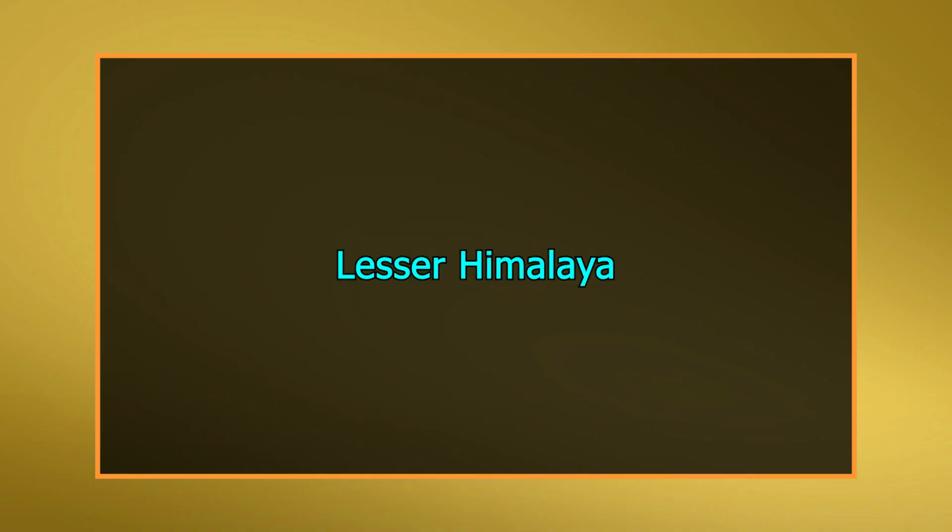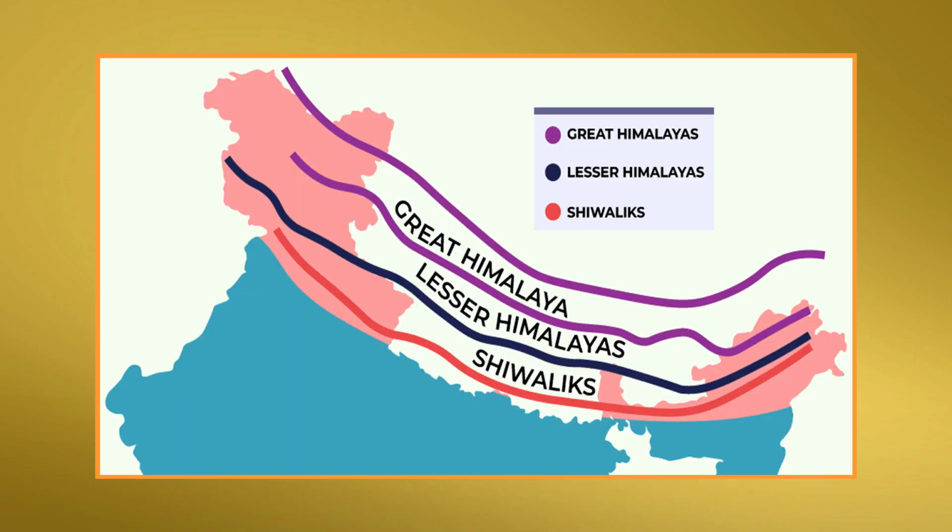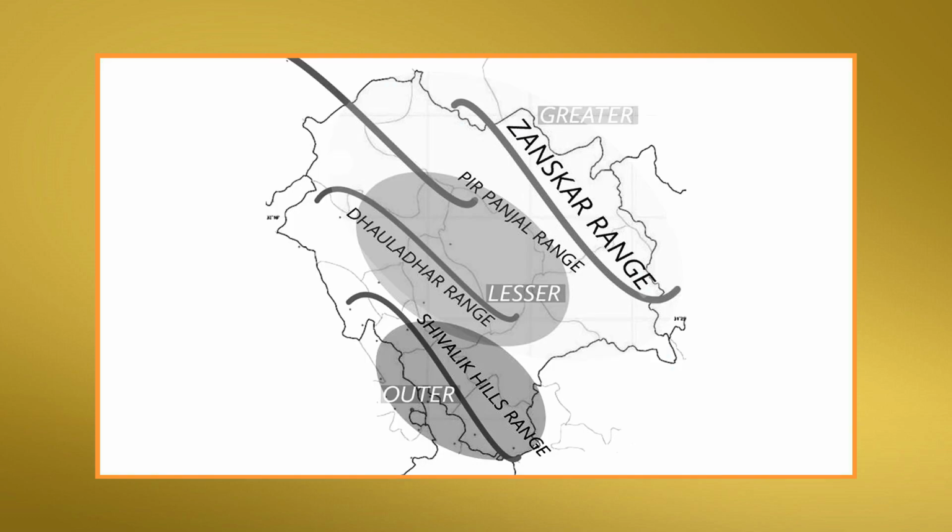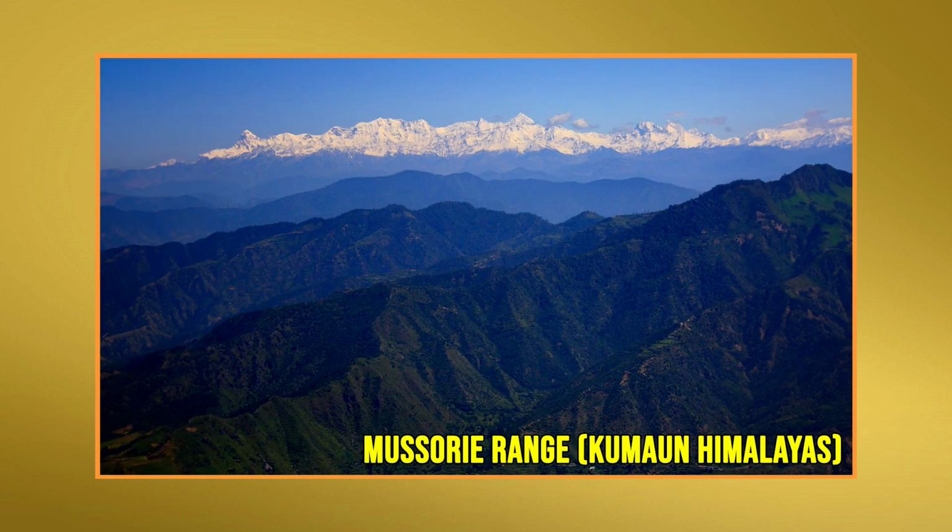Now we are going to talk about the Lesser Himalaya. These ranges rise north of the Shivalik range and, being deeply cut by rivers, are highly rugged and ill-defined. They are more clearly defined in their expanse towards the west, where they are known as the Dhaula Dhar, the Pir Panchal and Nag Tiba. The Mahabharat range and the Mussoorie range are the two other ranges of the Lesser Himalaya that run as continuous ranges for long distances.